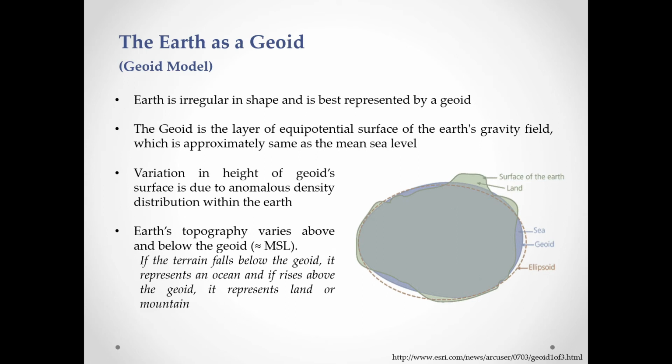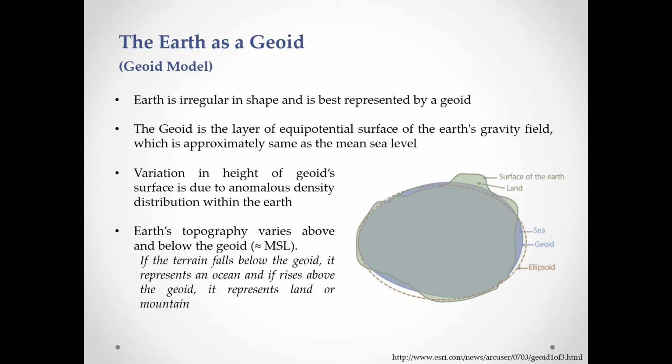Earth is irregular in shape and is best represented by a geoid. The geoid is the layer of equipotential surface of the Earth's gravity field, which is approximately the same as the mean sea level. Variation in heights of the geoid's surface is due to anomalous density distribution within the Earth.